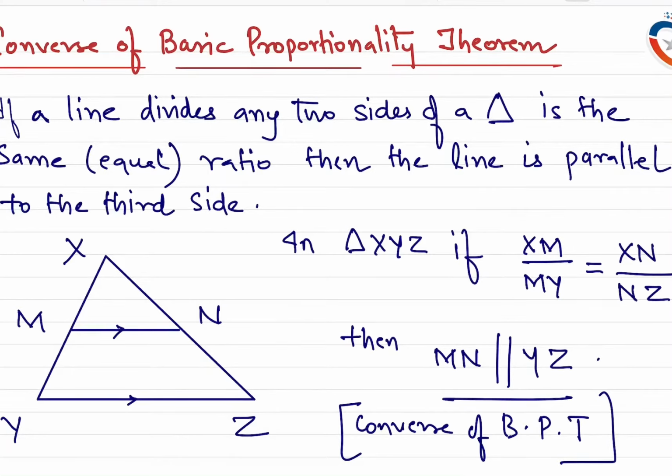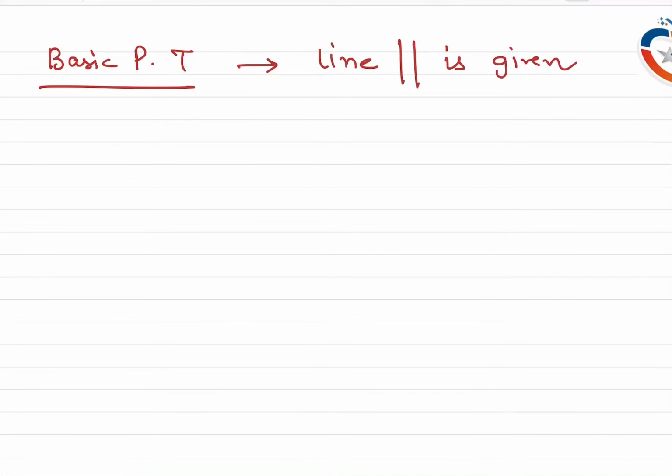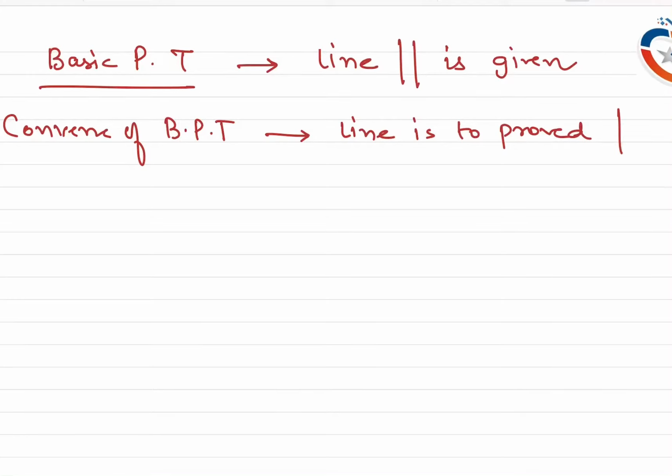Is that clear? So see that you remember in exams when to use basic and when to use converse. That's very important, students. So remember, everyone, remember this very well: use the basic proportionality theorem when the question gives the line as parallel, the line is given parallel. And use the converse of basic proportionality theorem when you have to prove the line parallel, the line is to be proved parallel. That's very important. Basic says if the line is parallel then the ratios are equal, and converse is, if the ratios are equal then the lines are parallel.